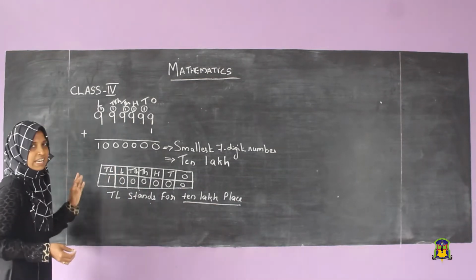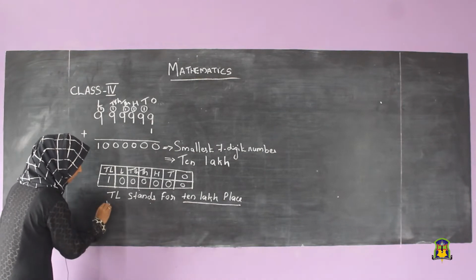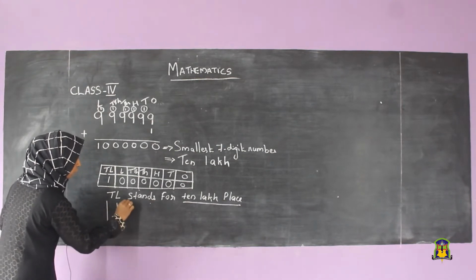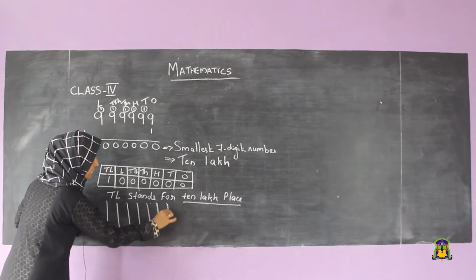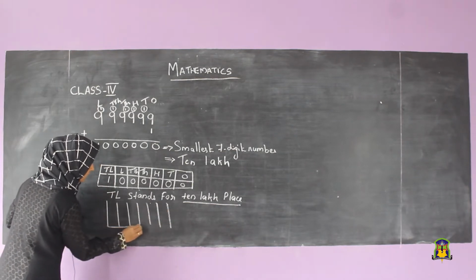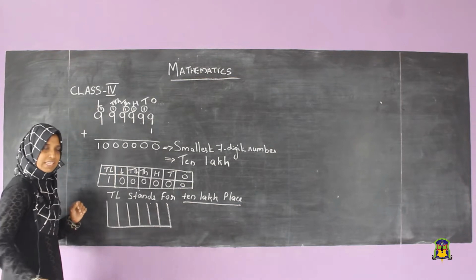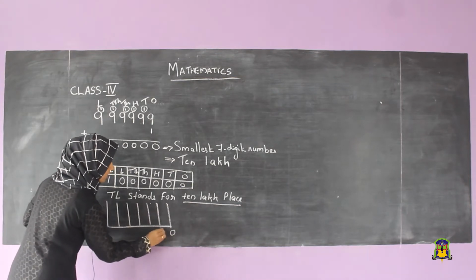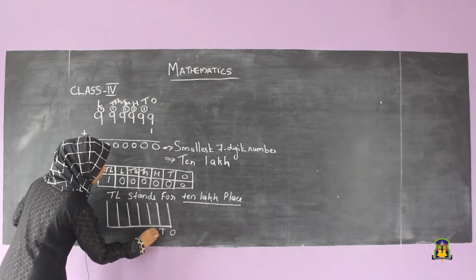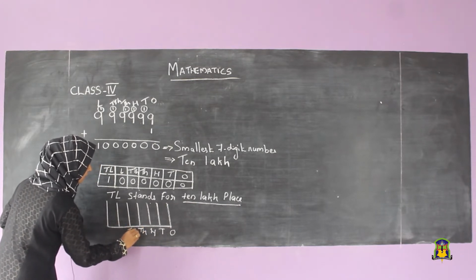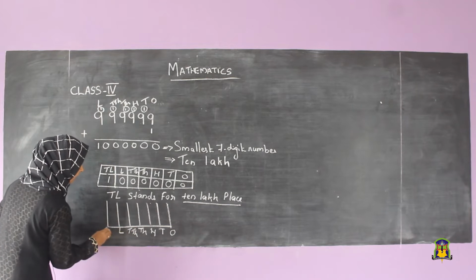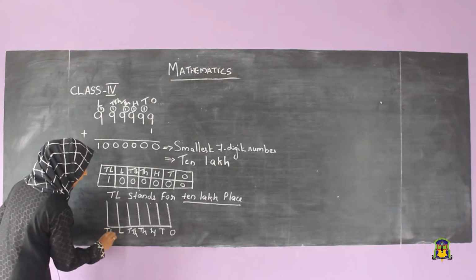Okay. Next, let's see how we can represent this number on the abacus. How many places? 7 places. 1, 2, 3, 4, 5, 6, 7. Which are the places? Ones, tens, hundred, thousand, 10,000, lakh and 10 lakh.